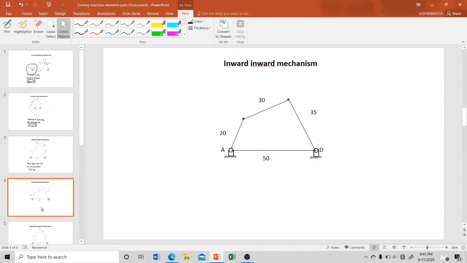So inward mechanisms. So sa inward mechanisms, the longest link AD is held fixed or assigned to be the frame. Then link AB, the longest link AD, and then the link AB, and the length DC will cross the frame.